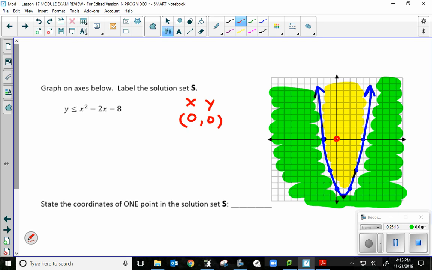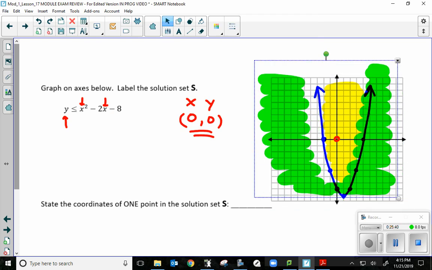If I put 0 in for x and 0 in for y, and it works, obviously the origin is a solution, so the yellow area that has the origin is a solution. If I try putting this in and it does not work, then obviously the origin should not be a solution, so it would just be the green area, the area that does not have the origin, okay?